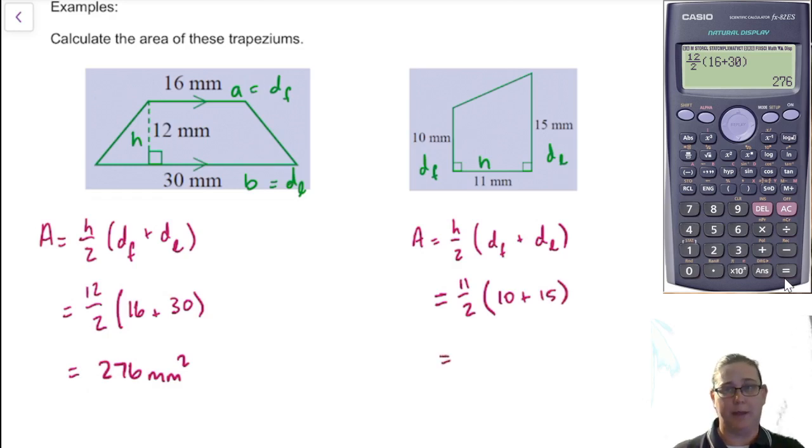And we can multiply that all together. So let's start again with our fraction key, 11 over 2. Let's get out of our fraction now, and then start with our brackets, then just 10 plus 15, close our brackets and hit equals.